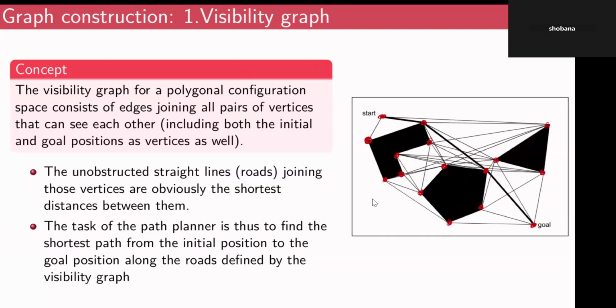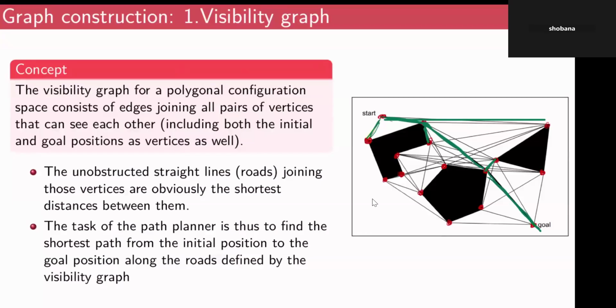So the second step is, once you have identified the nodes of the configuration space, we connect the nodes that can basically see each other. So this could be one connection. Yeah, this is another connection. This is another connection. The nodes that can see each other, you can connect like so, like so.